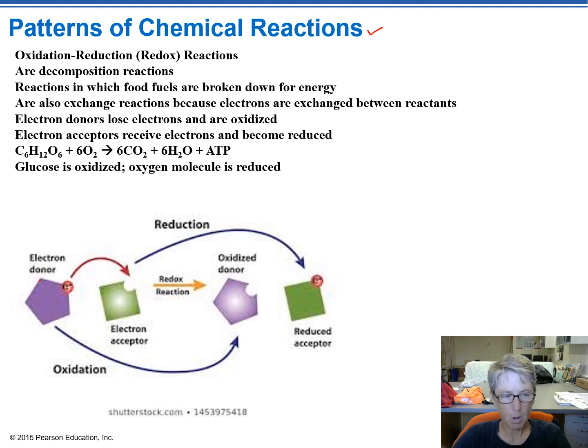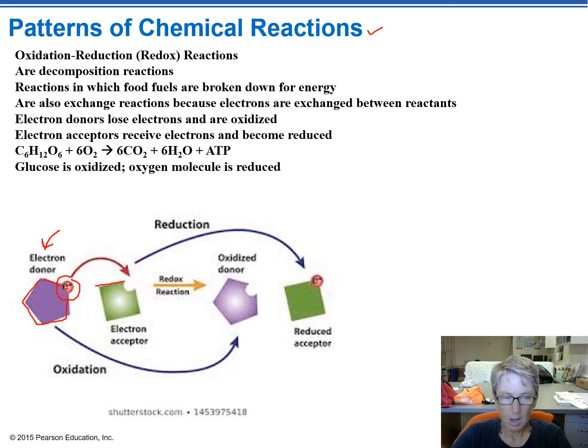So here's a molecule. Here's the purple molecule. And you can see it has an electron here. And this guy is going to be the electron donor. Now, the terminology gets really tricky. This guy, purple guy, is going to be the electron donor.